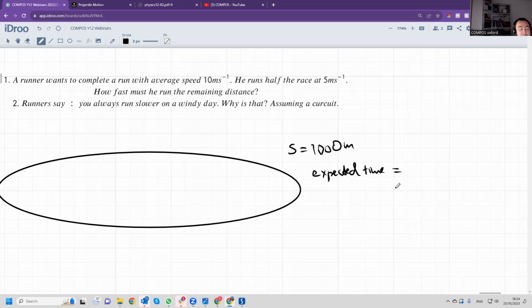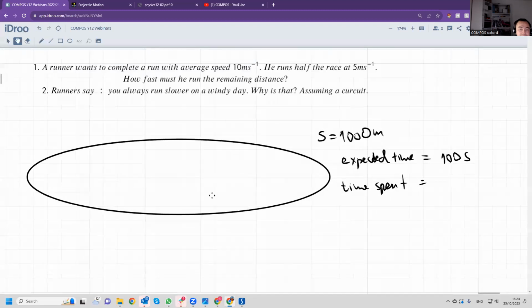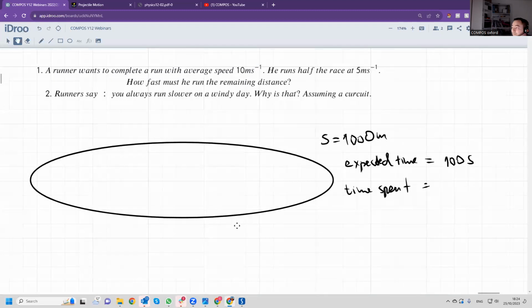He's expected to spend 100 seconds on the race. How many has he already spent? Time spent. How much time has he already spent? He ran 500 meters, remember?